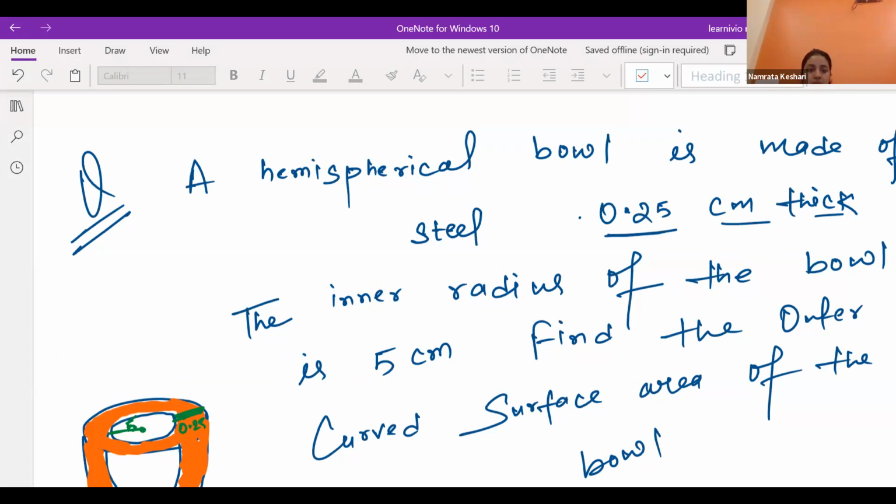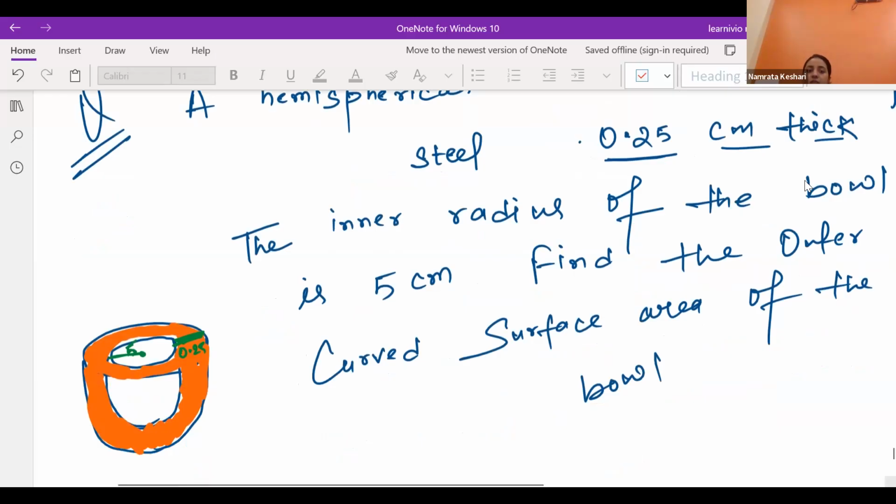See, at first we'll be finding the outer radius. Ma'am, 5 plus 0.25. Ma'am, inner radius plus the thickness. Exactly. Inner radius plus thickness, that will be the outer radius.